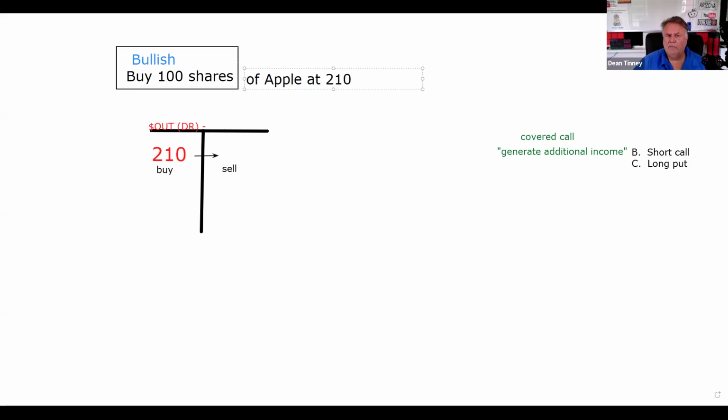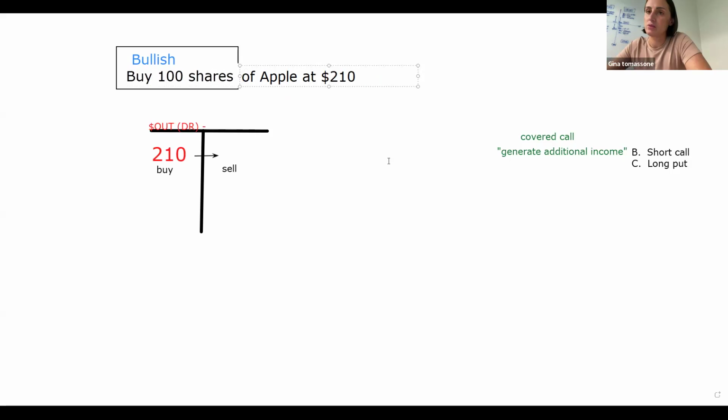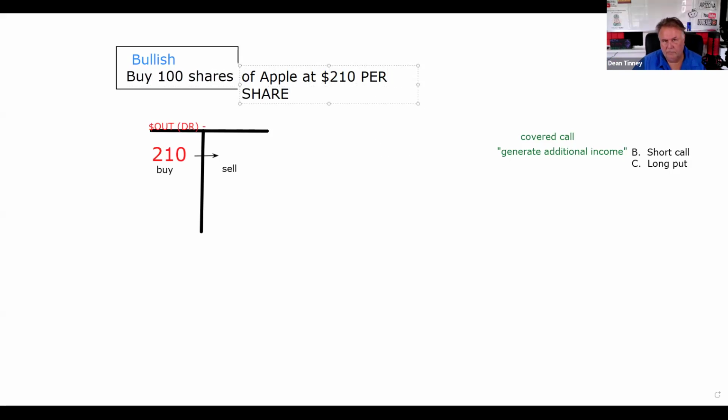Well, I'm fighting you a little bit on the word hedge, because what hedge means is offset risk. And if we're looking for protection, I'm going to show that to you next.